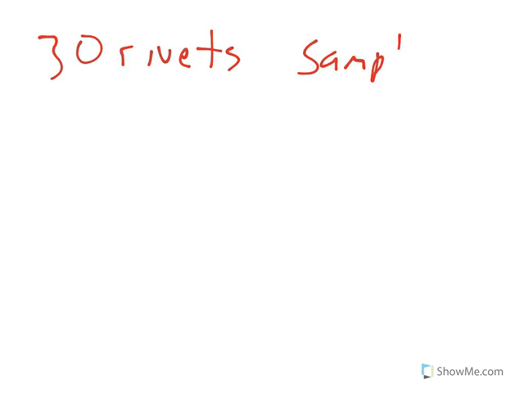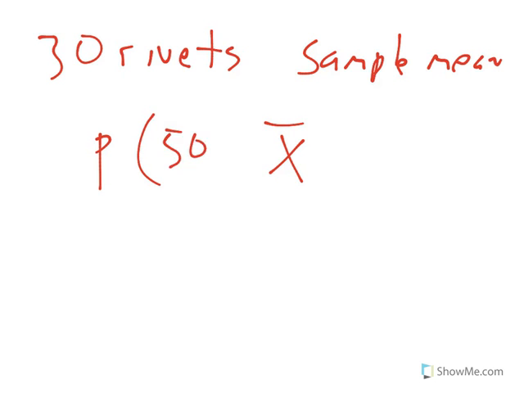What is the probability that the sample mean of the breaking strength of a random sample of 30 rivets, x bar, is between 500 and 700 psi?